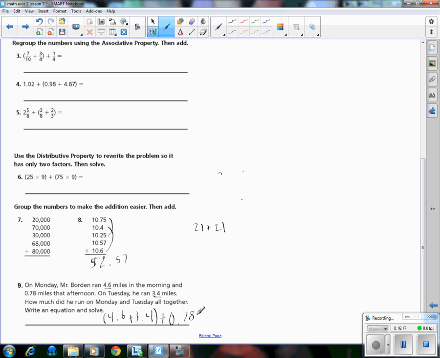So there we have our equation, and by grouping these two together, it allows us to add this mentally. 4 6/10 plus 3 4/10 gives us 8 miles plus 78 hundredths of a mile would be a total of 8 and 78 hundredths miles. Remember, we want to include our units here.